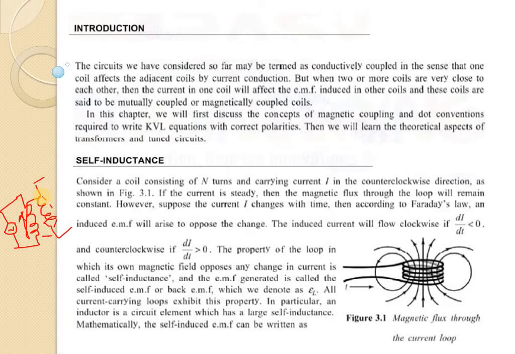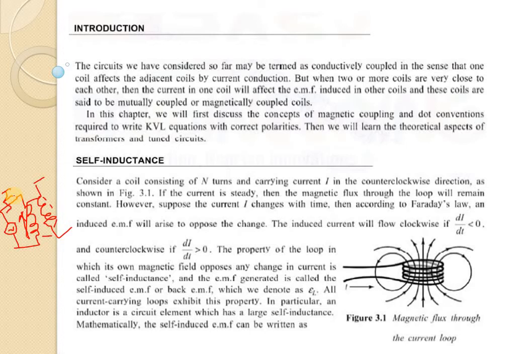Now, what is self-induction? Consider a coil consisting of N number of turns, carrying current I in the counterclockwise direction, as shown in the figure.